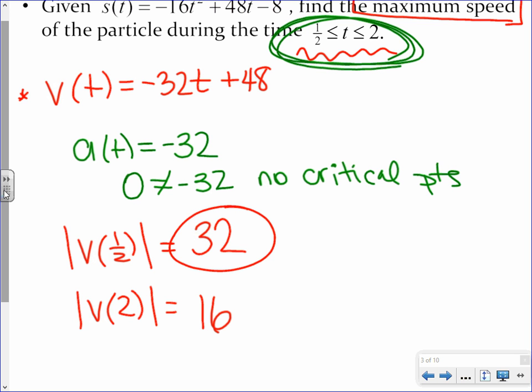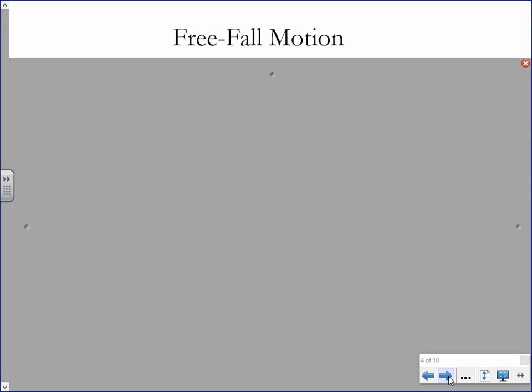Okay, let's take another flashback to physics. The rest of the day we're going to talk about free fall motion. What do I mean when I say free fall motion? Okay, we're talking about just dropping something, right? Or throwing something straight down, and we have the force of gravity affecting it.